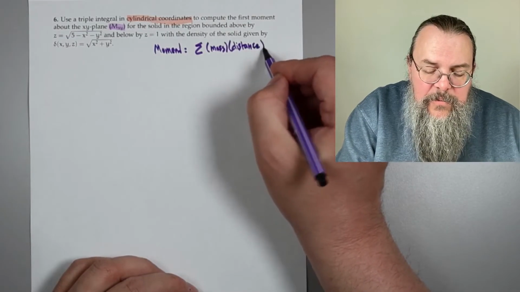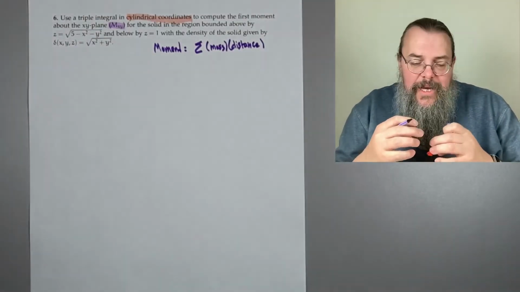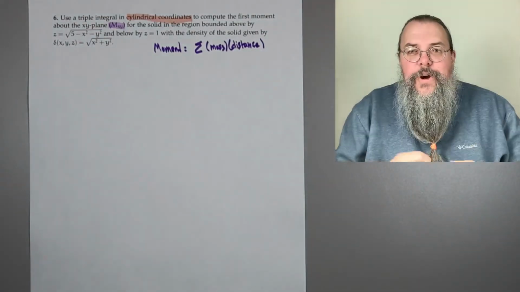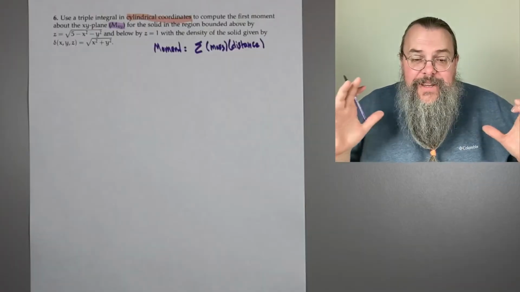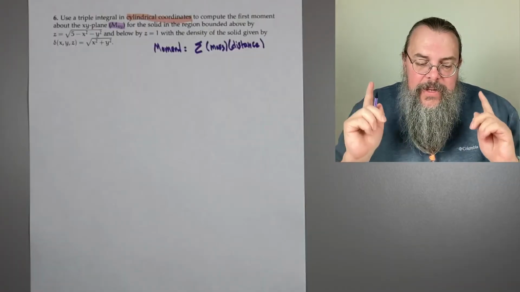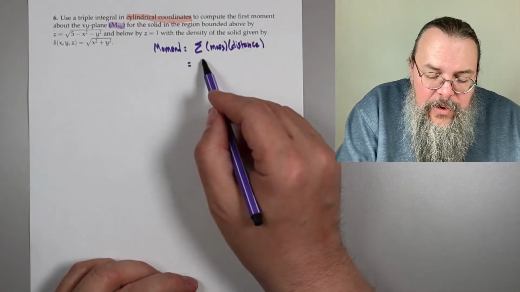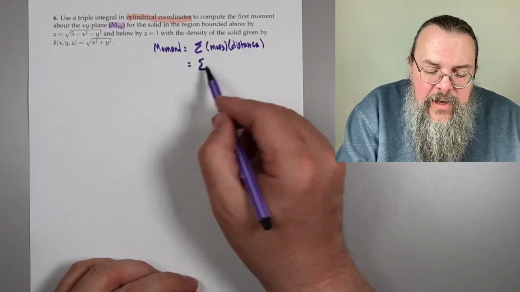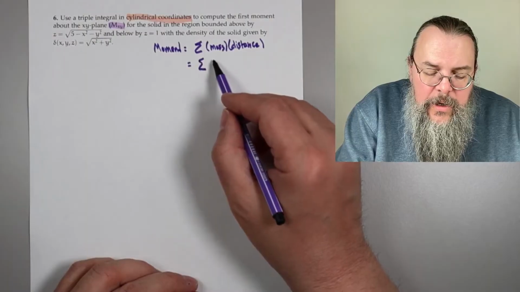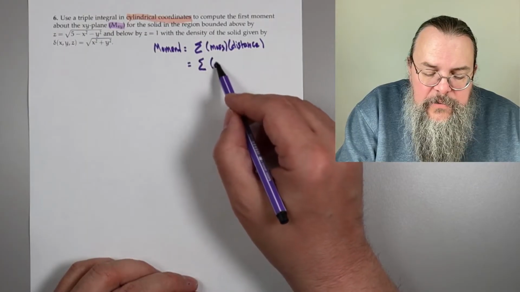So if you have uniform mass at one point and you have a distance, that makes things easy. Now, for us, how do we find mass? I'll put distance first.